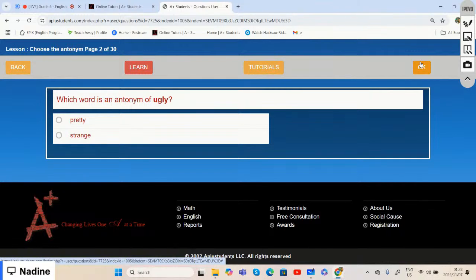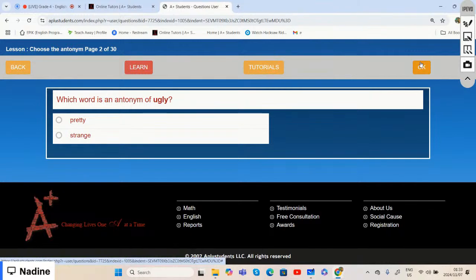What is the antonym of ugly? The opposite of ugly. Is it option one, pretty, or option two, strange?